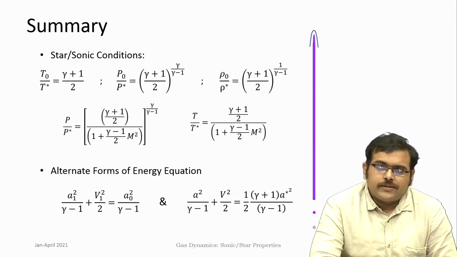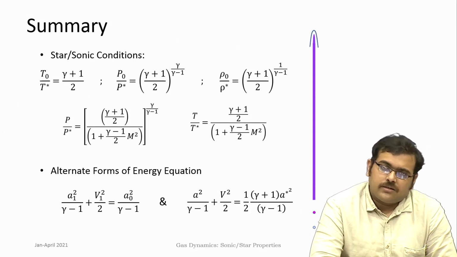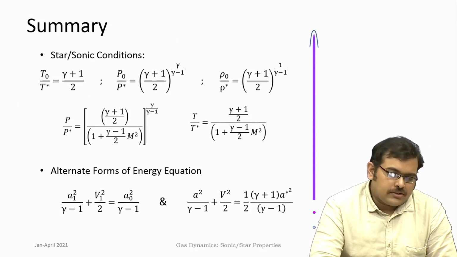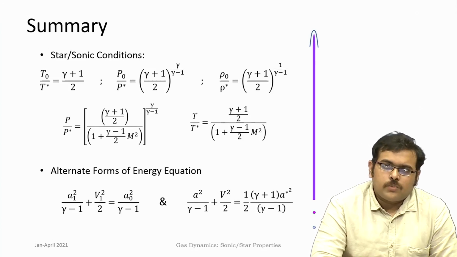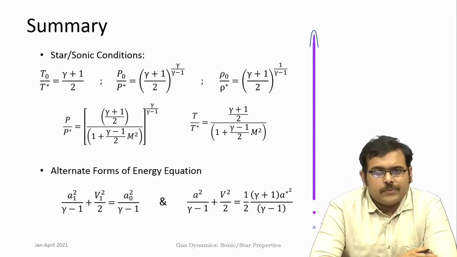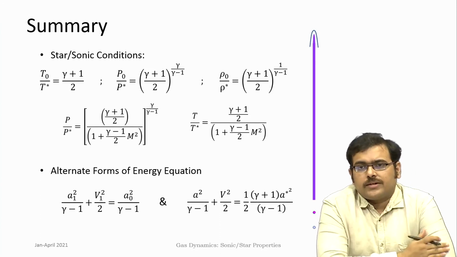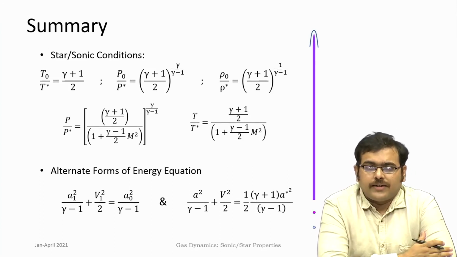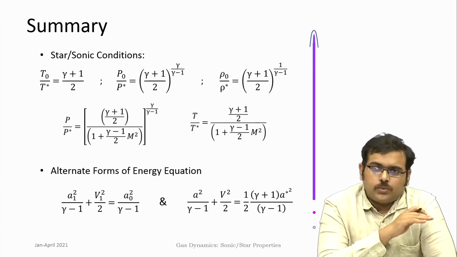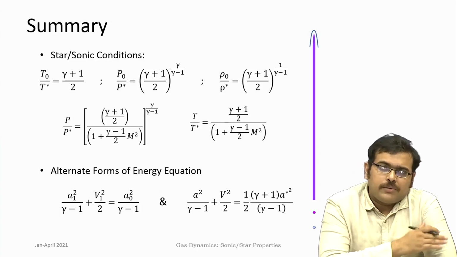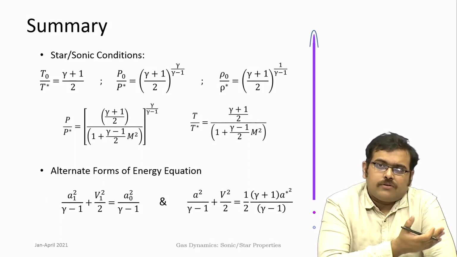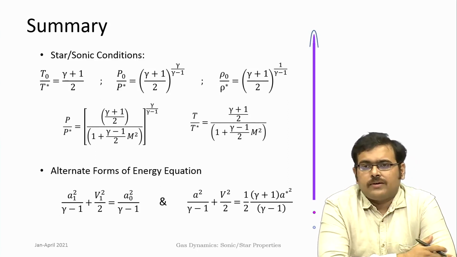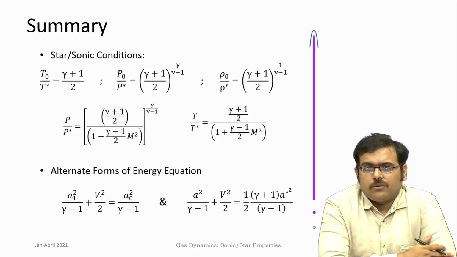Soon when we look at the application of these principles in duct flows, you will see that this point of Mach number equal to 1 is associated with changes in flow phenomena itself, and there is a switch from one kind of behavior in the subsonic flow regime to another kind of behavior in the supersonic flow regime.